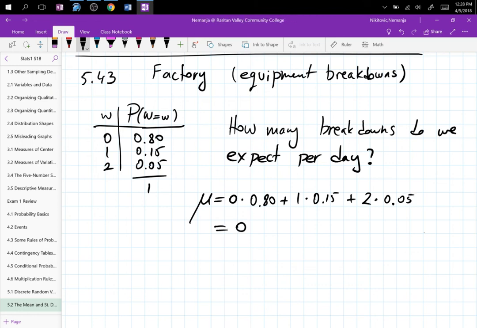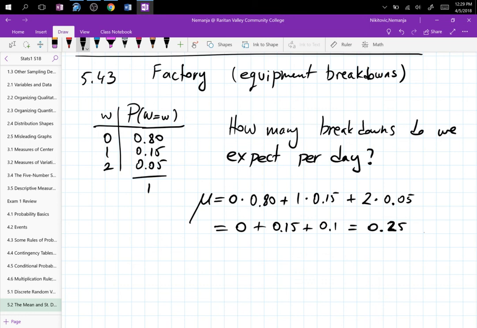This is 0 plus 0.15 plus 0.1 equals 0.25. So we are expecting about a quarter of a breakdown a day. The way you would read this is a breakdown every 4 days. That's technically the way you would read it.